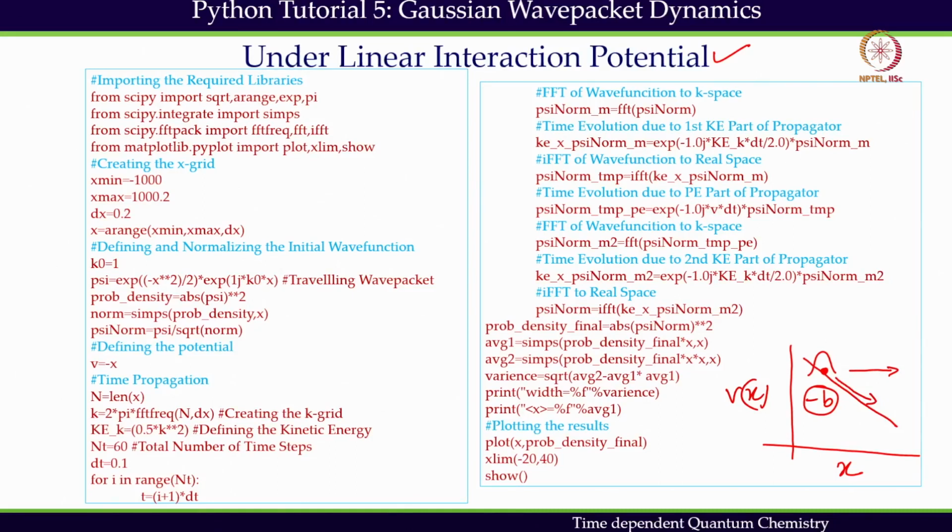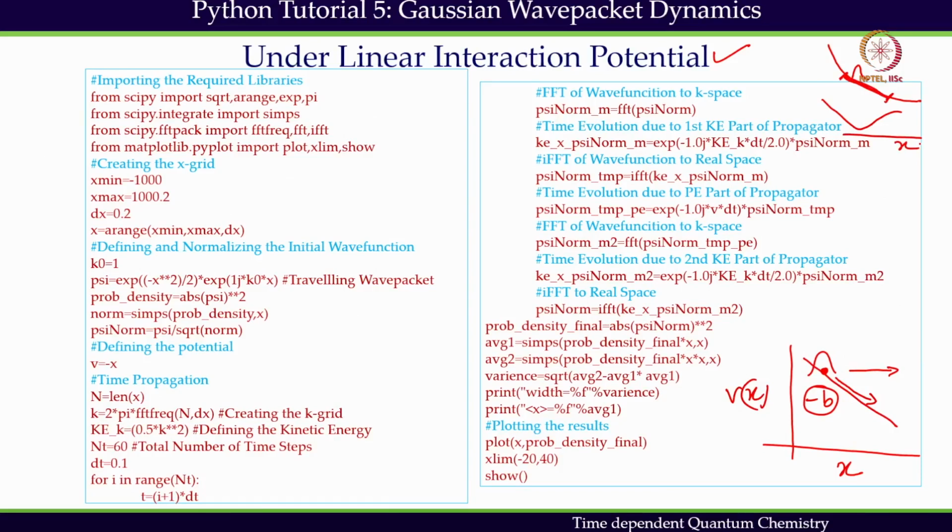So a linear potential can be a model for, let's say, a potential like this. This is the ground state and this is the excited state, and I have created a wave packet here. For a short region, the potential can be considered to be linear as a function of space.